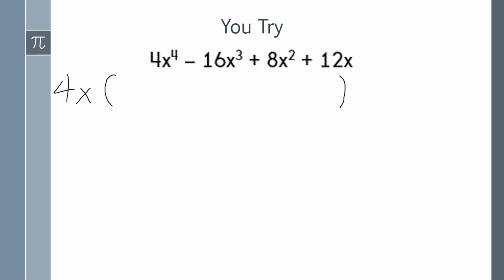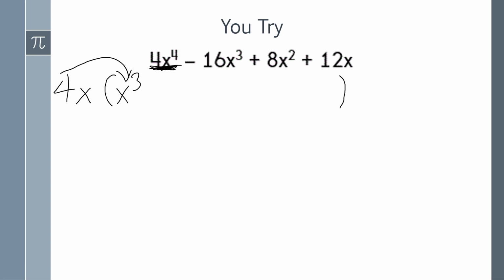All right. So 4 times blank gives me x to the fourth. So it's just x to the power of 3. Don't forget about your law of exponents. When you multiply, you add the exponents, and you should get this guy.